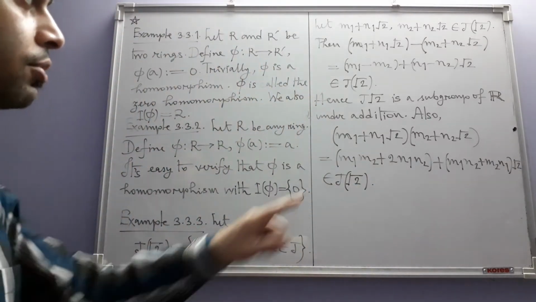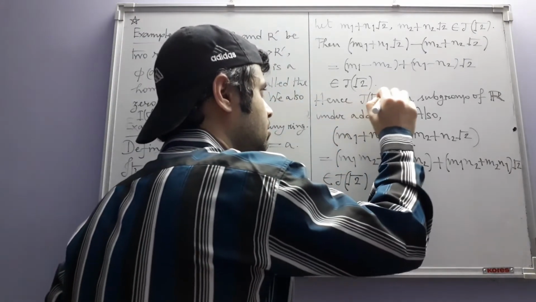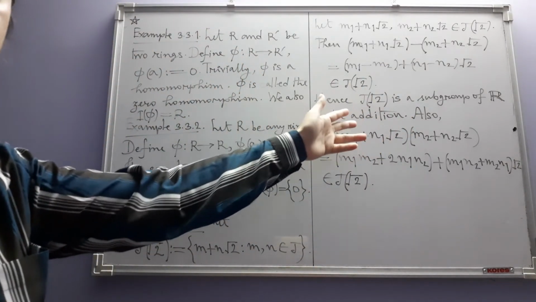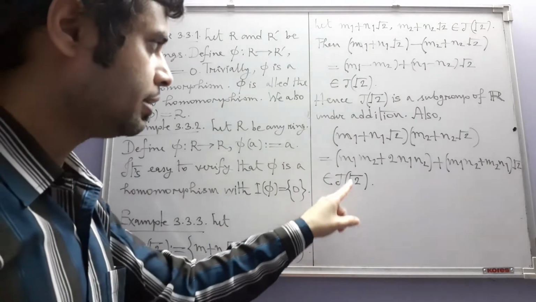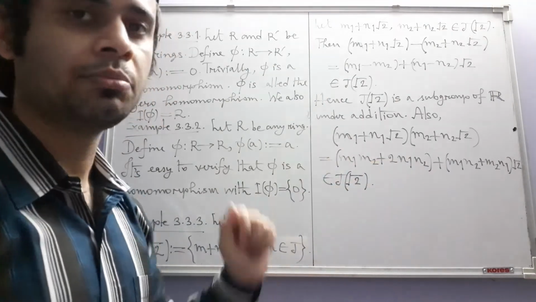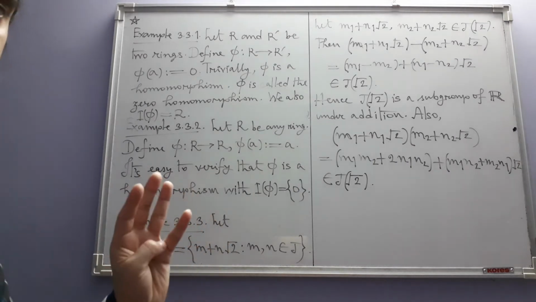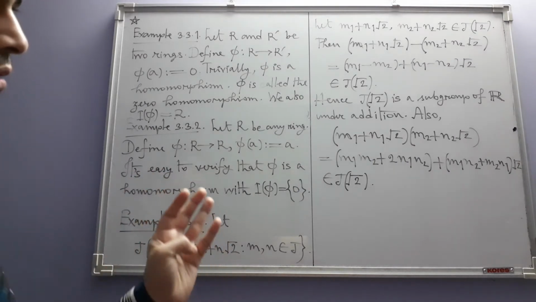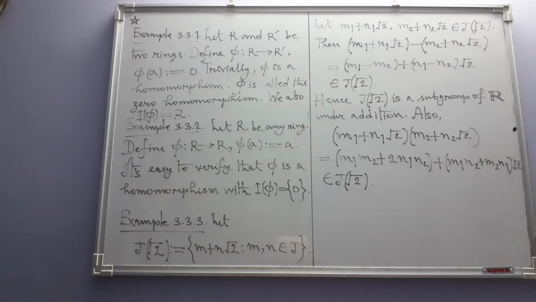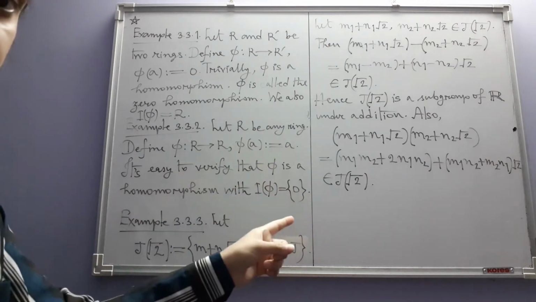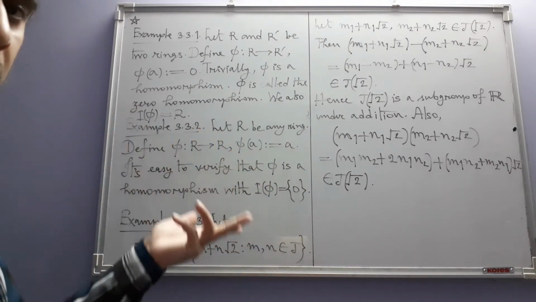Okay, so we have proved that J root 2 is a group under ordinary addition, and it is closed under ordinary multiplication. What else is true? Ordinary multiplication is already associative, and it distributes over ordinary addition. So that means we have shown that J root 2 is a ring with respect to these two operations.